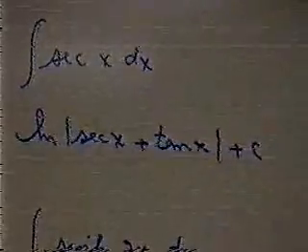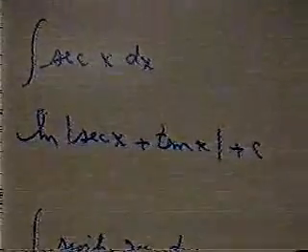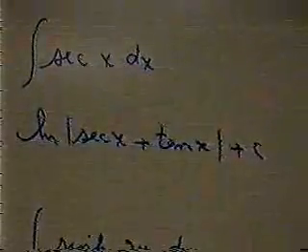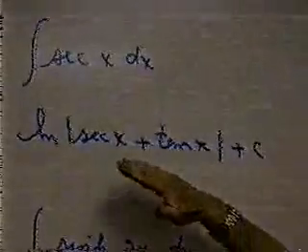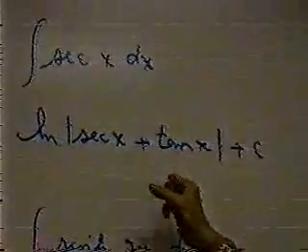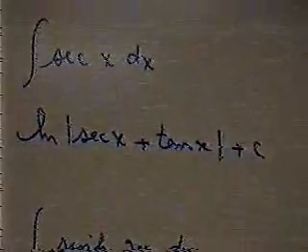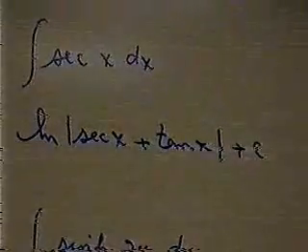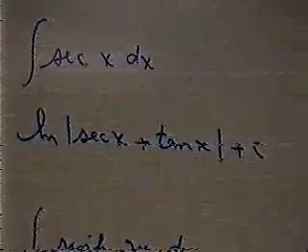But you'll encounter this several places, and especially if you encounter differential equations. So just one to memorize, and that's the way it is. And the way you find out now is if you take the derivative of this and get it simplified, it ends up being back to secant. Okay, that gives you an idea of power rules and splitting and making it work out for the integration of the basic trig function.